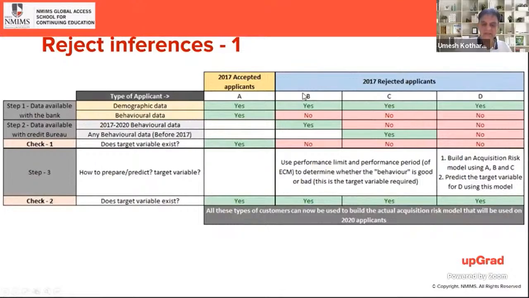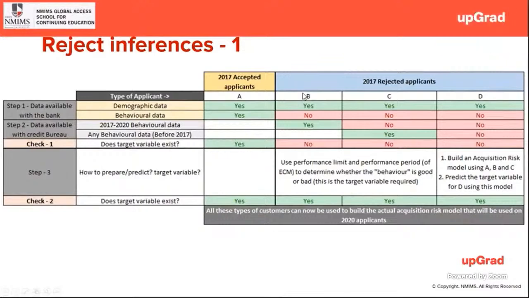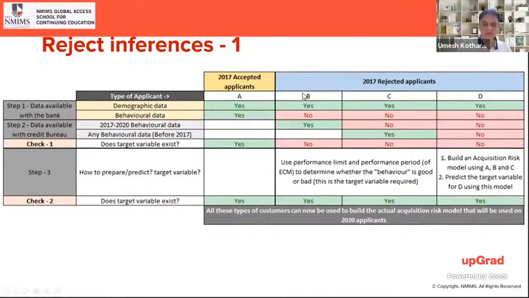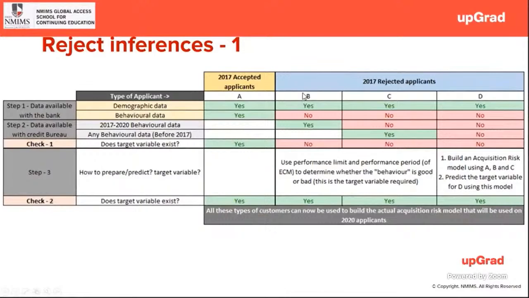Anyone else? Okay, room 1 and room 3. This is the last statement. Room 1 or room 3? So now, Professor, for room 3, I would agree with what Kavit explained. For our group also, B and C were taking reference of downstream bureau data, and the D part is from parceling and augmentation.